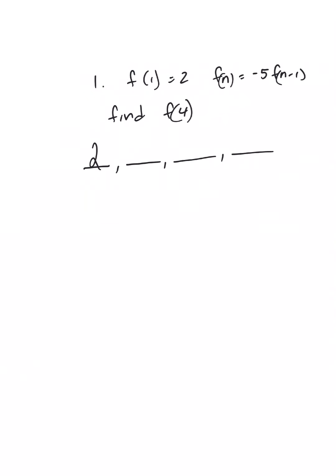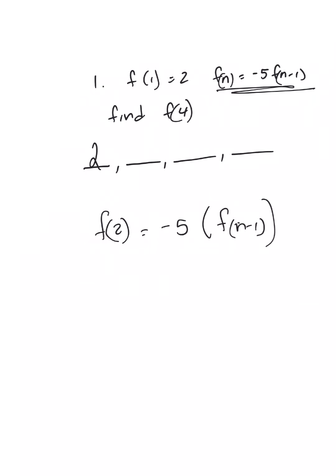Now f of 2, and we're looking up here, would be -5 times f of n minus 1, okay? So f of 2 is going to be -5 times the guy before. So it's going to be -5 times 2, which is 10.